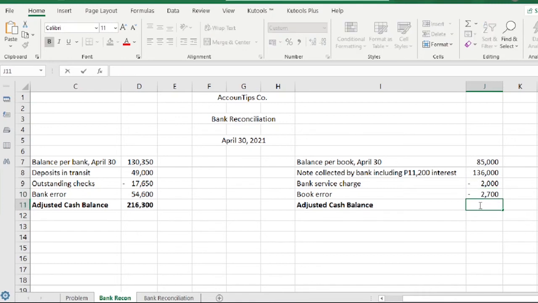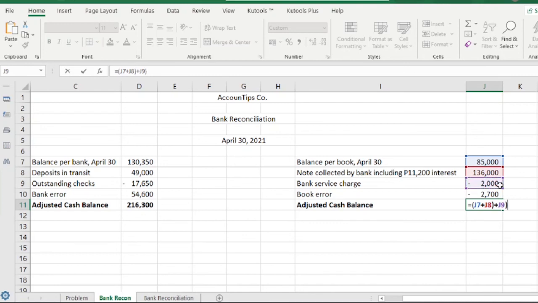Okay. Now that we already have accomplished the necessary adjustments for the side of the book, we can now compute the adjusted cash balance per book. So we would start with the balance per book amounting 85,000 and add the note collected, which is 136,000. Add the bank service charge, which is negative 2,000.